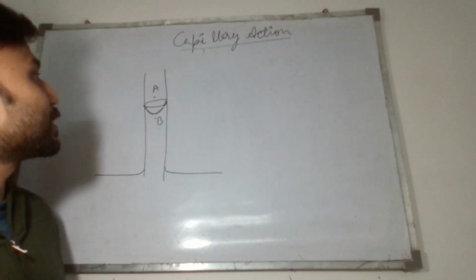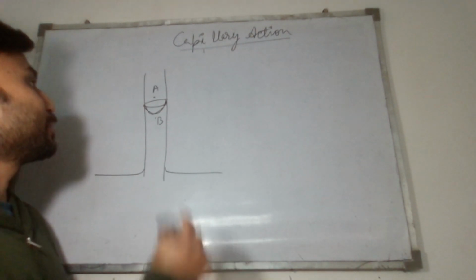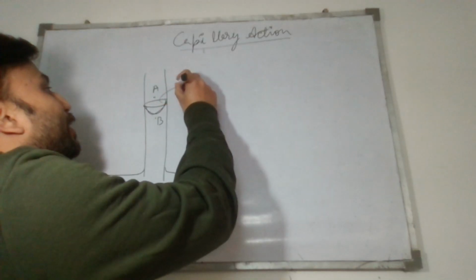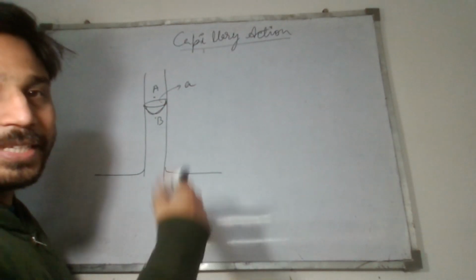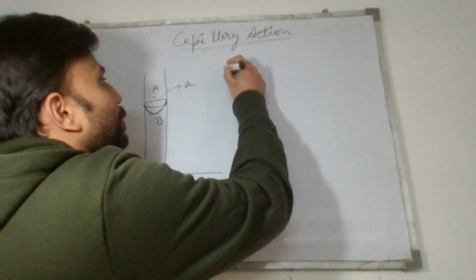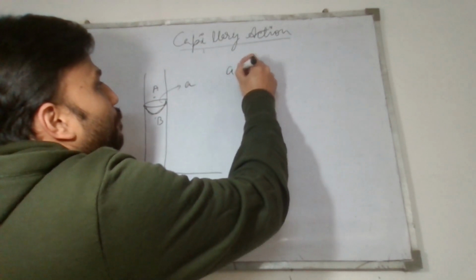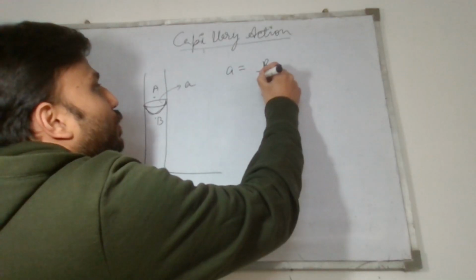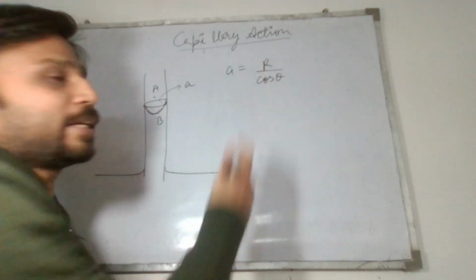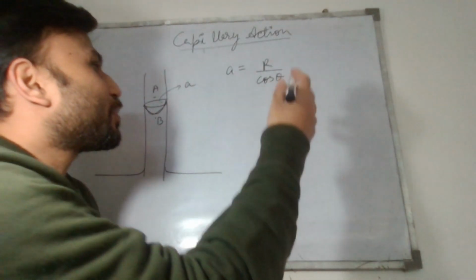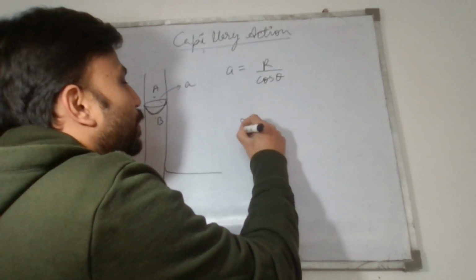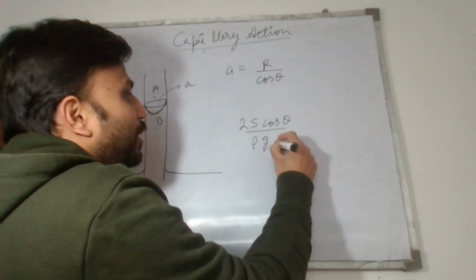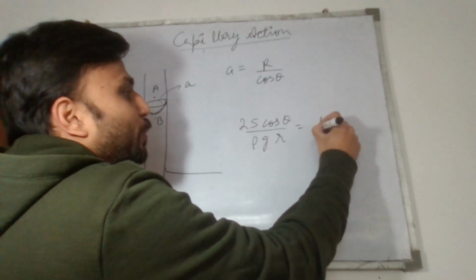If we are saying that this sub-hemisphere has some radius A, we can easily say that A will have the value r upon cos theta, something like that. Because what was our formula? It was 2S cos theta upon rho g r is equal to h, right?